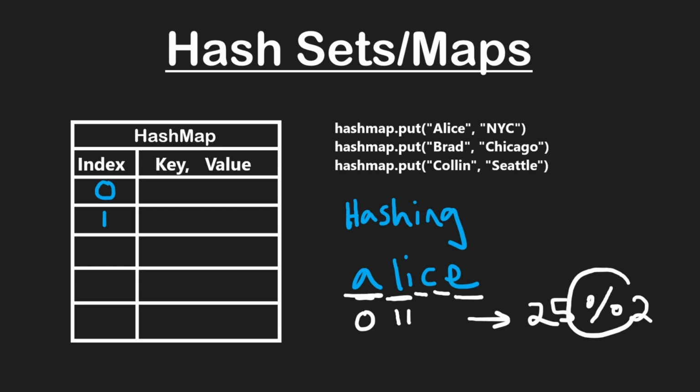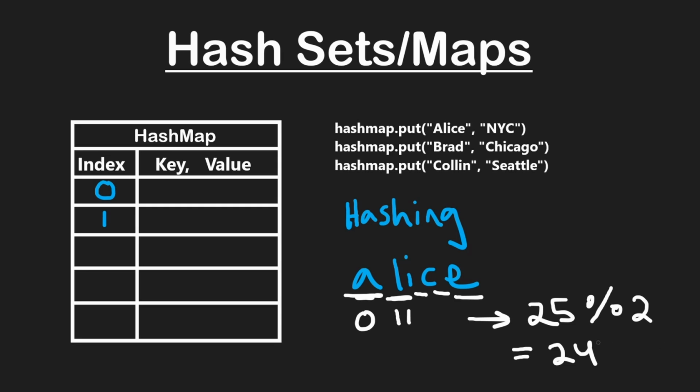If you're not familiar with modding, we're basically dividing 25 by 2, and we're getting the remainder that's left over. So in this case, 2 can keep fitting into 25 until we get to 24, which is 12 times, and then if we add another 2, we're going to get to 26.